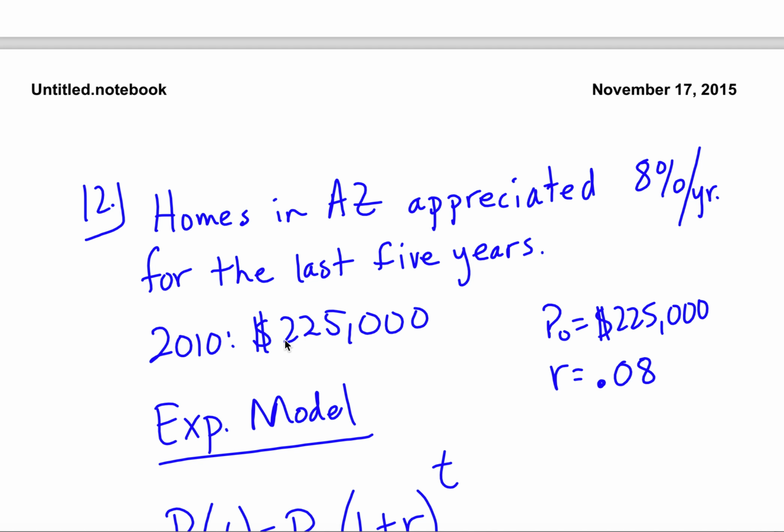Granted, the house had a value before then, but we're going to call this our time zero. Because it's 8% per year, that tells me it's an exponential growth model. Anytime you see a percentage and a per year, you think exponential growth model. Your R is 0.08 because it's 8%.